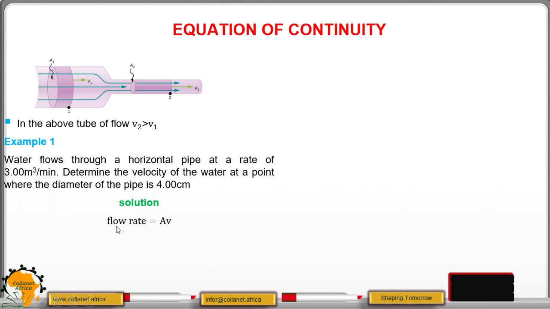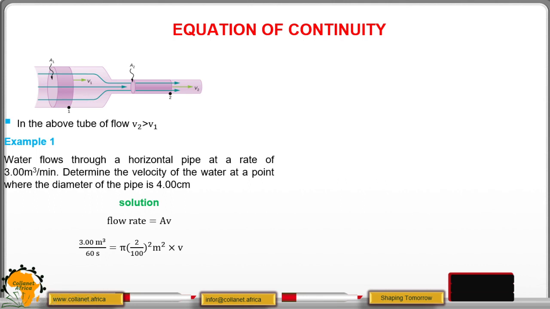as we have seen, flow rate is given by cross-section area times velocity. So whatever we are given is the flow rate, this one. But it is also important to know that it is given in terms of minutes, and we learned that it should be in seconds. So that is why we are dividing by 60 seconds, because 1 minute is equivalent to 60 seconds.